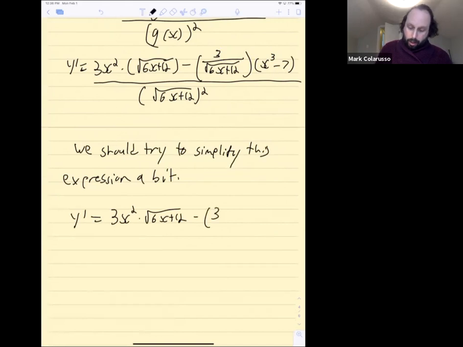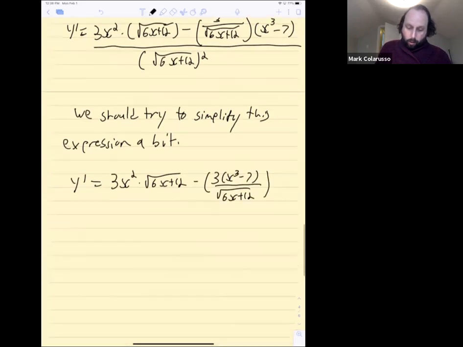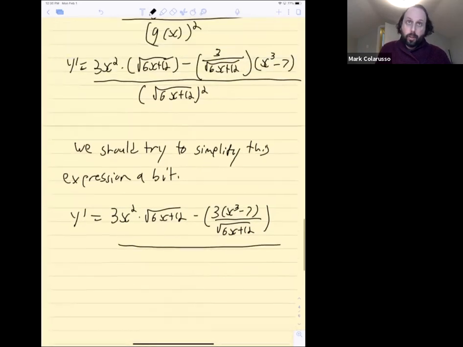So minus 3 times x cubed minus 7 divided by the root of 6x plus 12, all over, okay, now if you square the square root, you just get 6x plus 12. And now I'm going to add these two rational expressions in the numerator by putting this 3x squared times the root of 6x plus 12 over a denominator of the root of 6x plus 12.